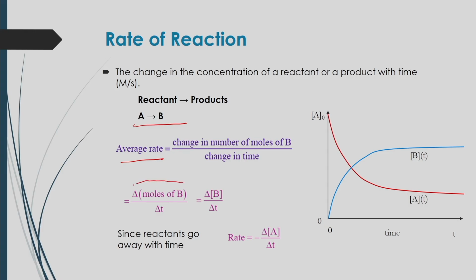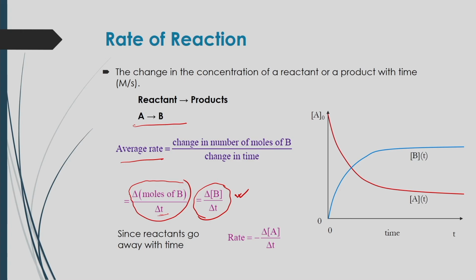So we can write this equation as delta moles of A per unit delta T, so it will be regarded as delta B by delta T. In this way also, by this symbol you can represent the reaction rate.